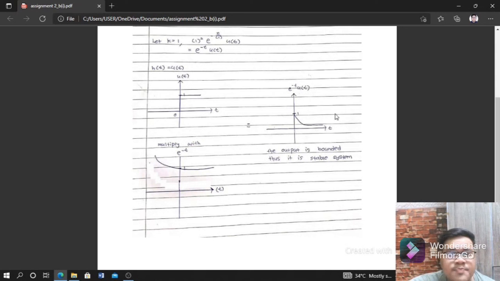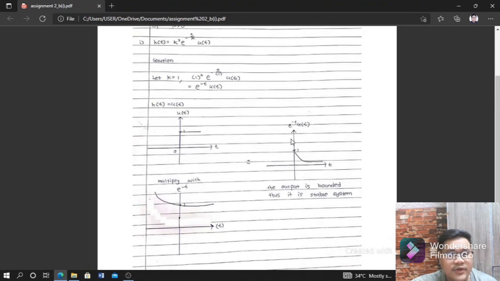Based on this graph, the output is bounded. Based on the previous information I explained, if the output is bounded, it is a stable system. So for the conclusion, the output is bounded, thus it is a stable system.